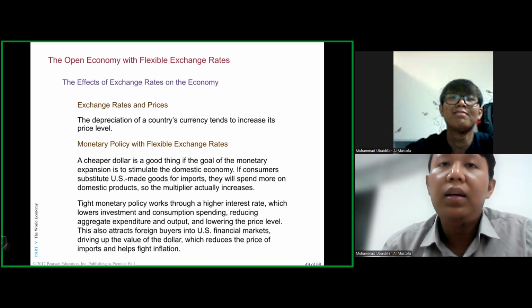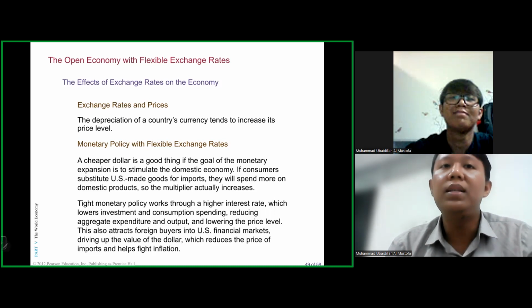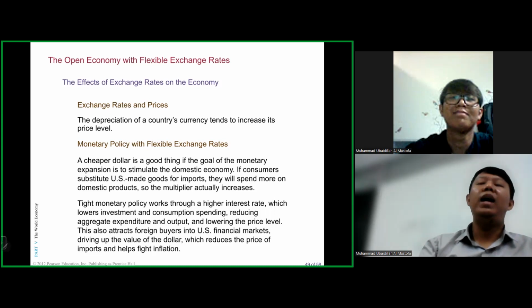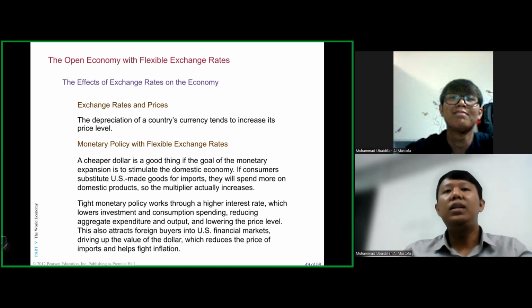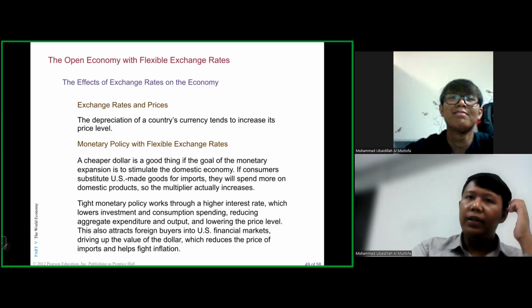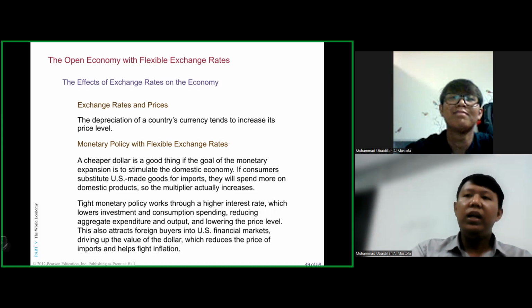This also attracts foreign buyers into the US financial market, driving up the value of the dollar, which reduces the prices of imports and helps fight inflation. So these are the effects of expansionary monetary policy and a tight monetary policy.